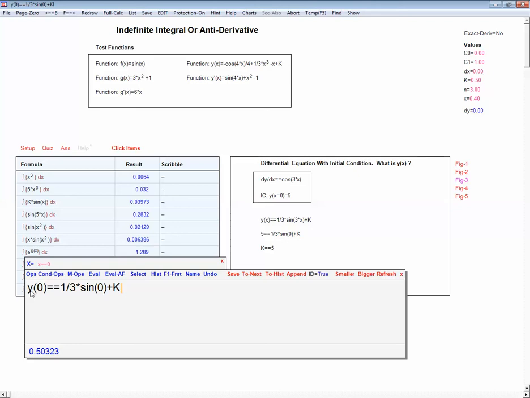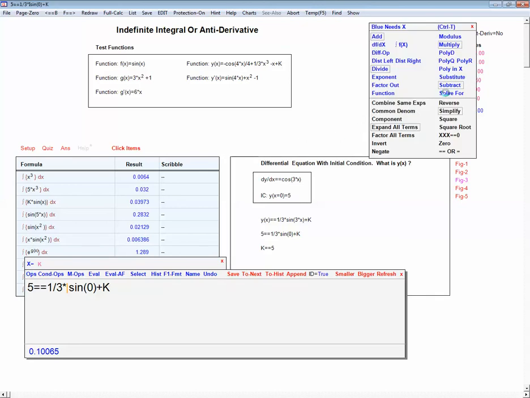We know what y of 0 has to be because someone has told us that they want that to be 5. And the sine of 0 happens to be 0. But you don't even have to evaluate that. You can just solve this thing for k right now. Even if you didn't know that the sine of 0 was 0, you could at least formally solve for it. And you get this formula.